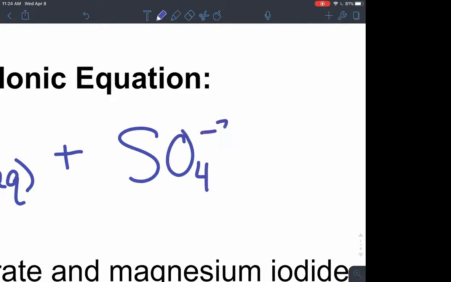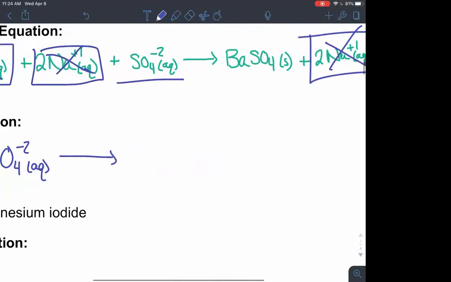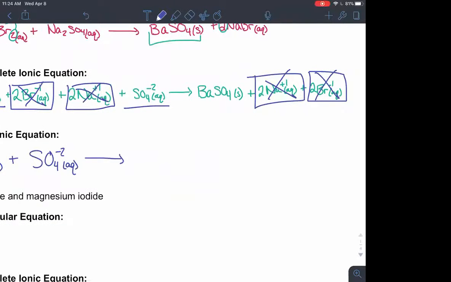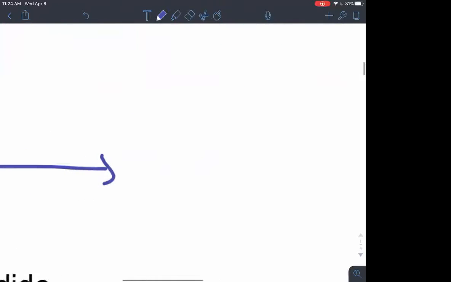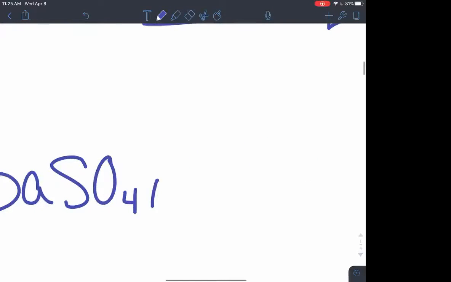SO4 with a -2 charge in aqueous solution. Because that was our last reactant. We put everything else from the product side that hasn't been canceled out. We put that in our products, which just leaves us with the barium sulfate as a solid. Oh, not aqueous. There we go.